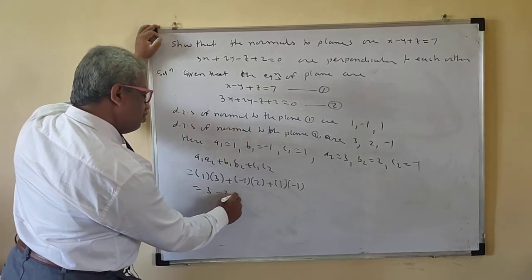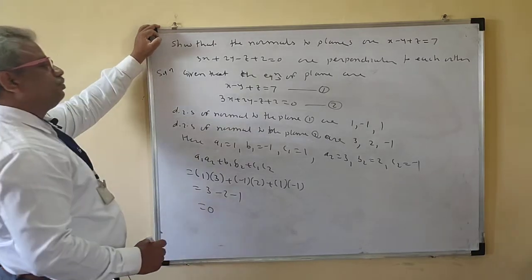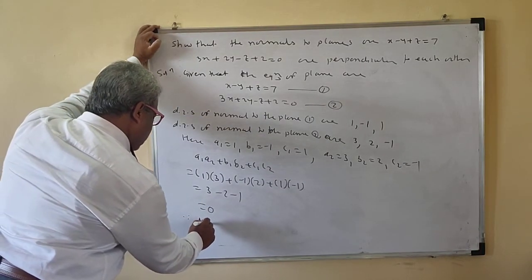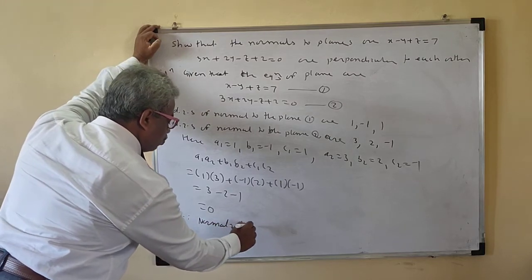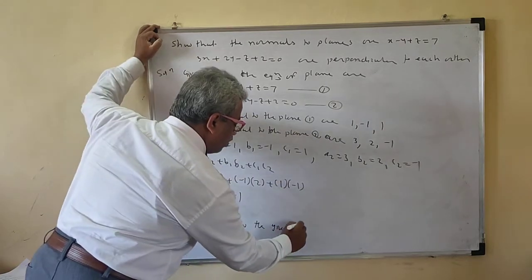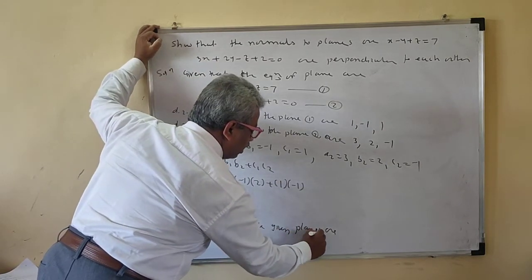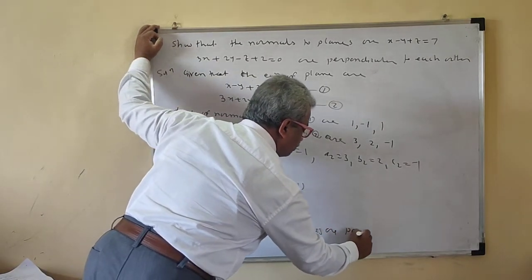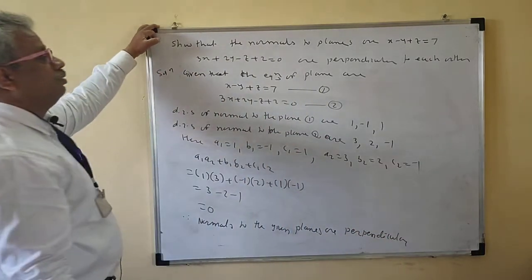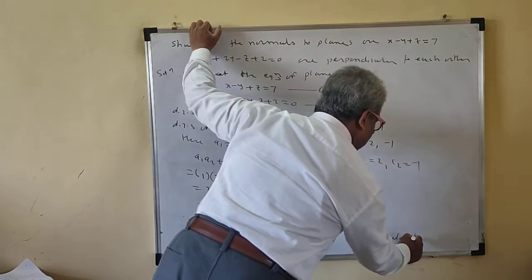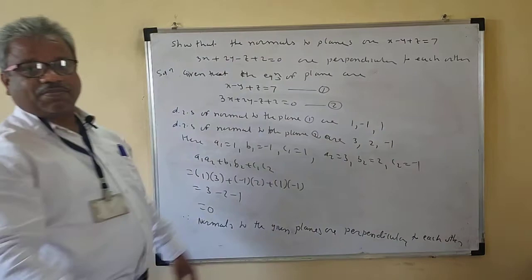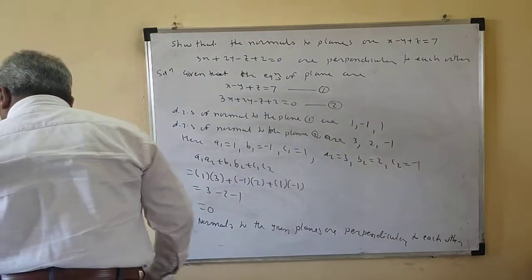So this is 3 minus 2 minus 1, this is 0. Therefore the normals to the given planes are perpendicular to each other, or the planes are perpendicular to each other. Both the things are there.